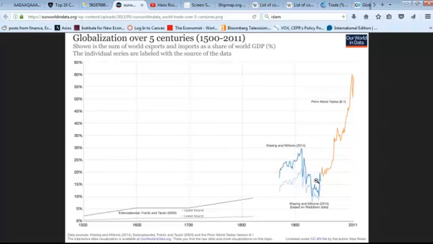This fall in the globalization process is associated with the interwar period. This is from 1914 to pretty much 1945, 46, and shows the fall of globalization, which is the same as to say the rise in protectionism. Right?